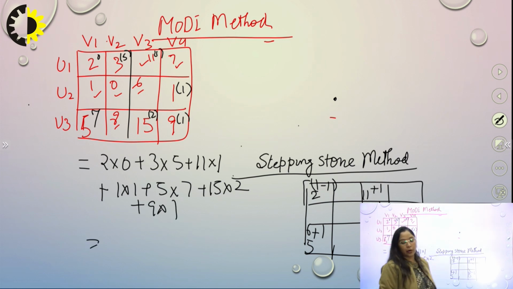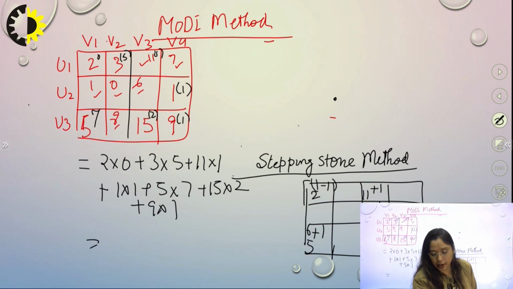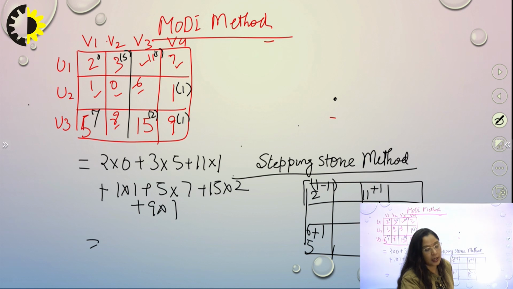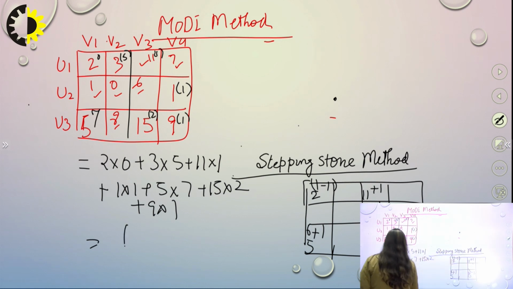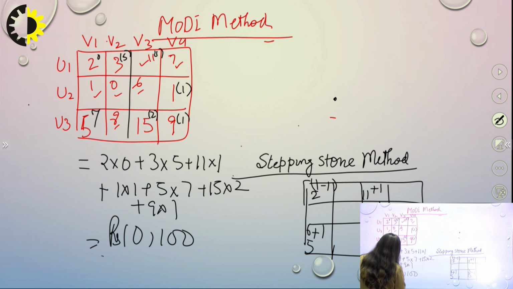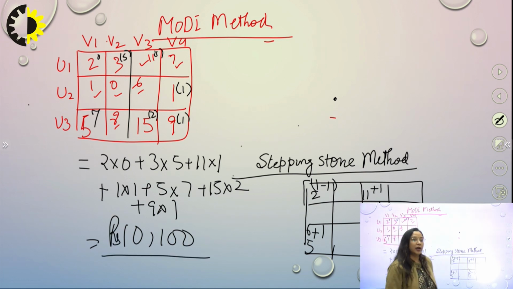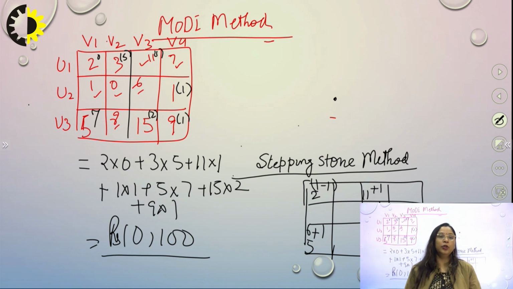So my cost will now be reduced by around 100 rupees. It will come out to be 10,100 rupees. So a single shift in allocation and we are getting closer to our minimum transportation cost.